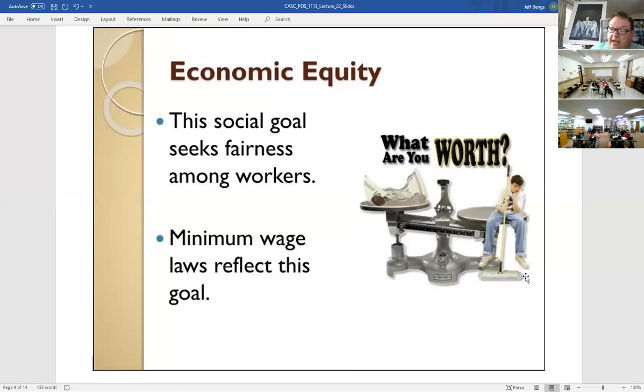If you'll turn the page, the next wave of reform came during the Great Depression time of the 1930s. And the goal was to restrict destructive business practices.